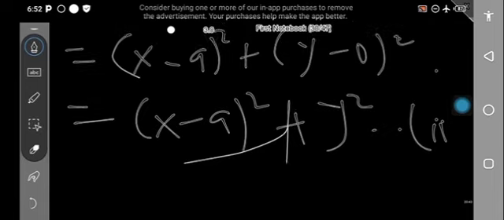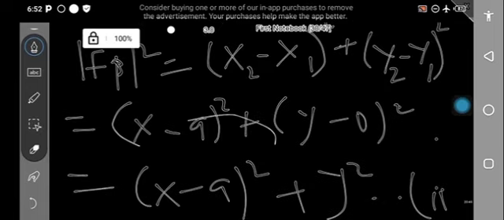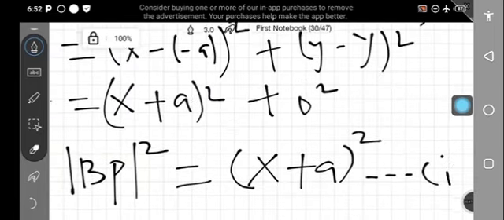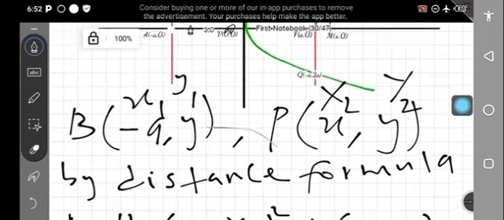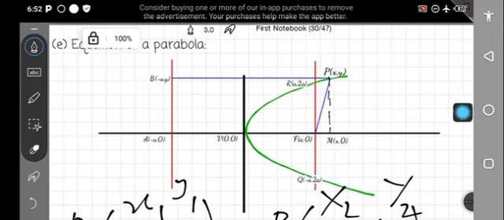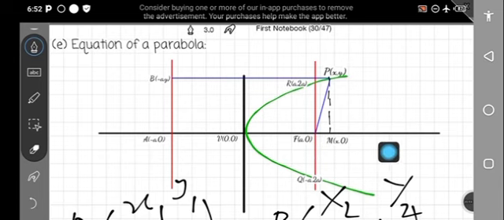Alright. Now by definition, we know that BP equals FP. According to the definition, this line BP is equal to this line PF.